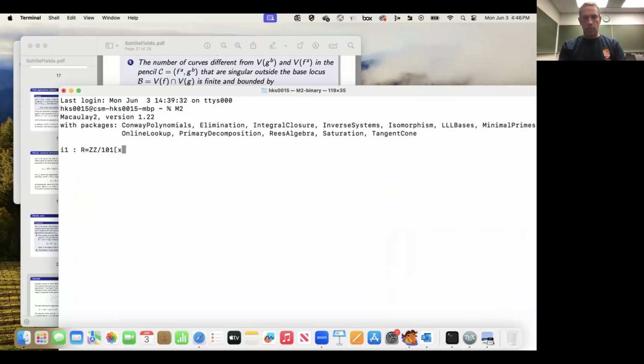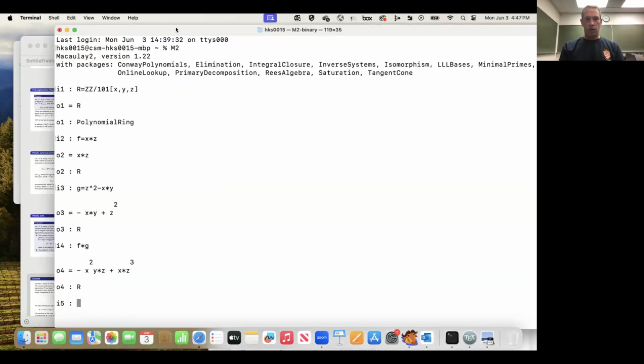If you wanted to be pedantic, we could work over Q. What were our polynomials? f was xz, and g was equal to z squared minus xy. Let's take the corresponding arrangement, f times g. So there's our arrangement. That's the defining equation for our curve.